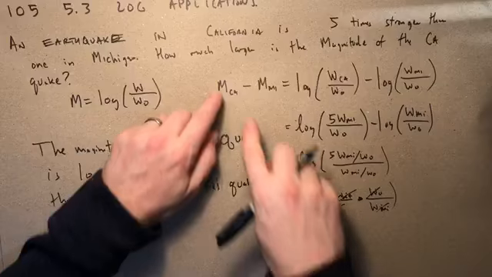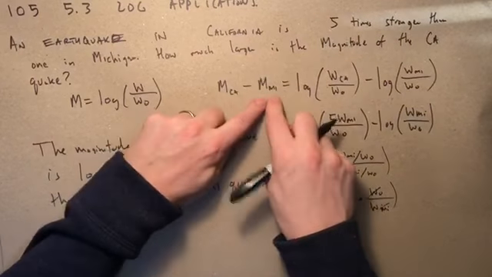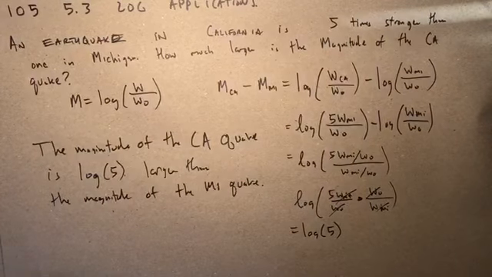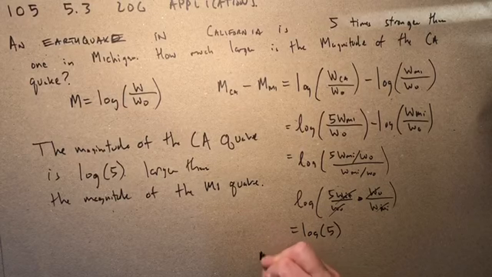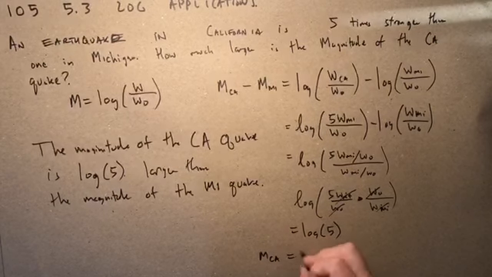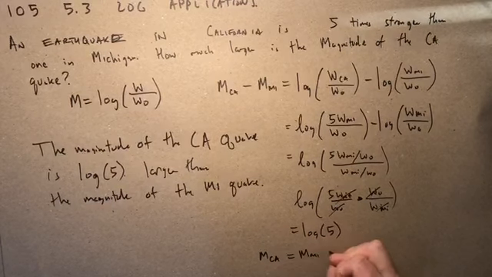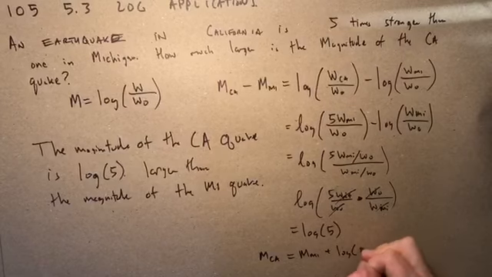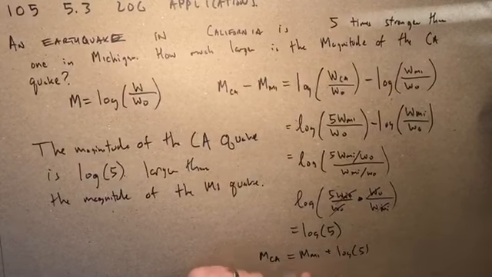And we can see that because the magnitude of the California minus the magnitude of the Michigan is equal to that log 5. And so I could even rewrite that the magnitude of the California quake is equal to the magnitude of the Michigan quake plus log 5, meaning that this one is log 5 bigger than that one.